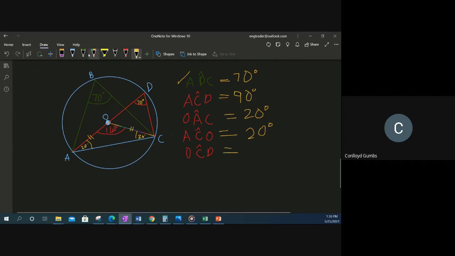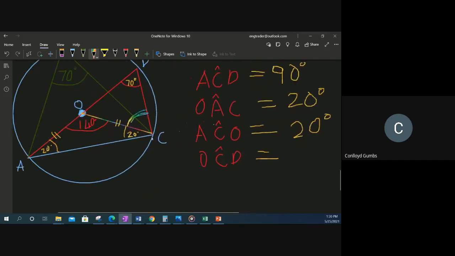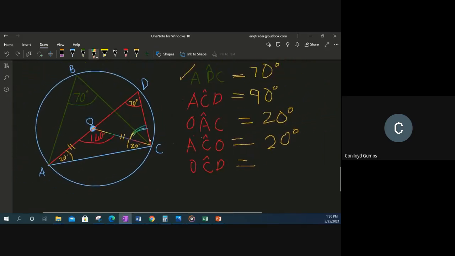Now, OCD. This is a new angle, OCD. You're trying to figure out what OCD is. However, we learned something earlier about this triangle. Remember, we said that in ADC, that triangle, if you're looking at A to C to D, the angle at C is 90 degrees. Why?